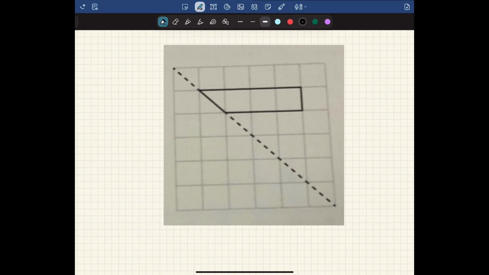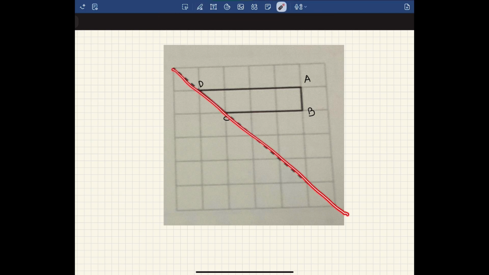to put this into practice. Okay, so let's label the points A, B, C, D. Since we have a diagonal line of reflection, we will calculate the distance from a point to the line of reflection diagonally.